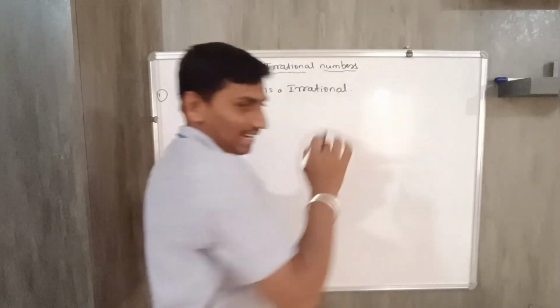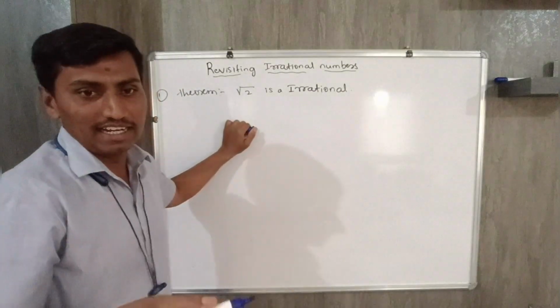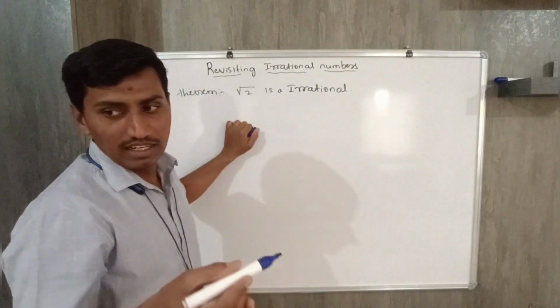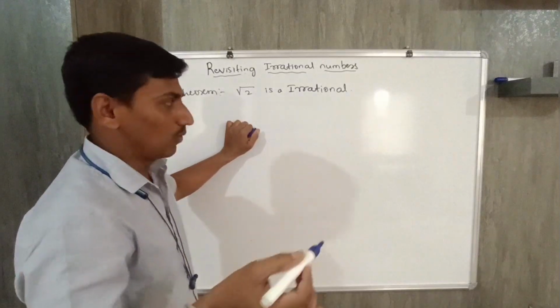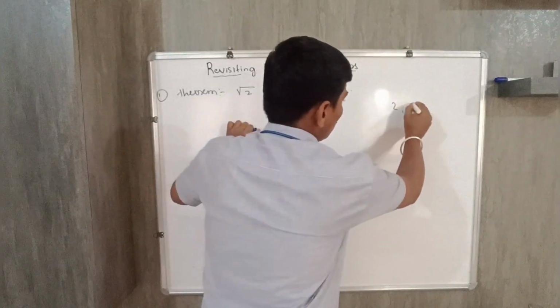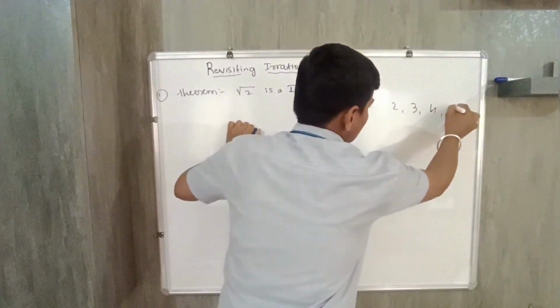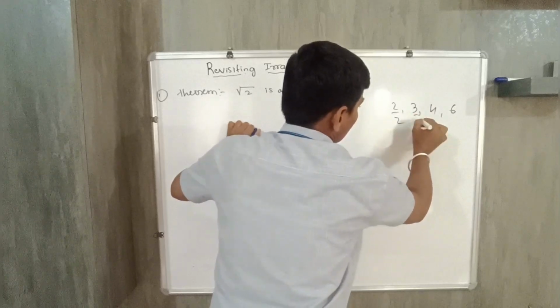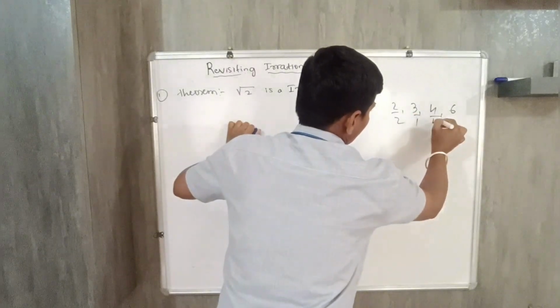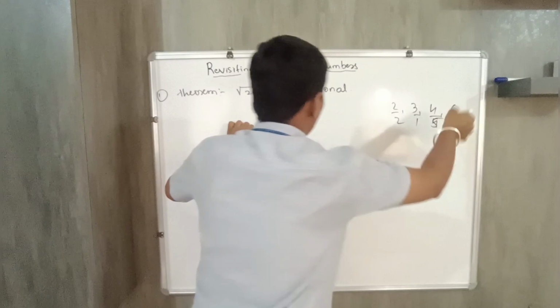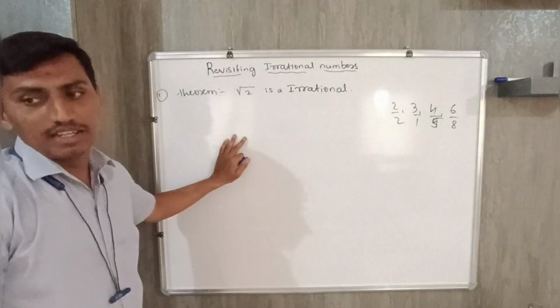Additionally, from ninth standard: rational and irrational. Rational means it is in the form of p by q, for example 2, 3, 4, 6. These are rational numbers.